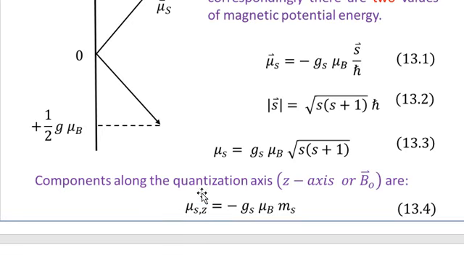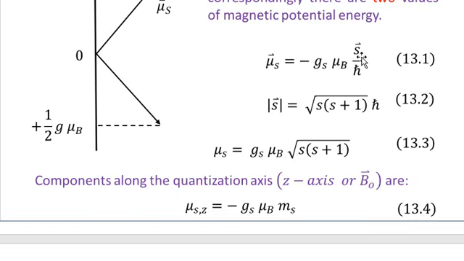So mu sz is the z component of the spin magnetic moment, as shown in equation number 4. And on the right hand side in equation number 1, the z component of s will be sz. And you know that sz has values equal to ms times h bar.